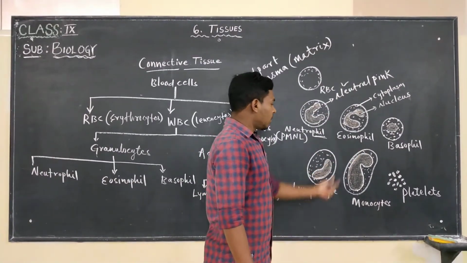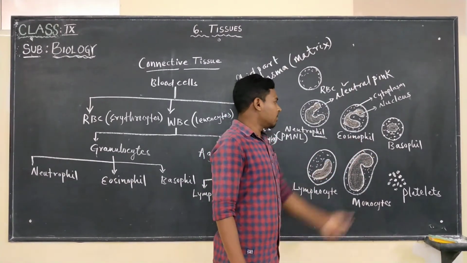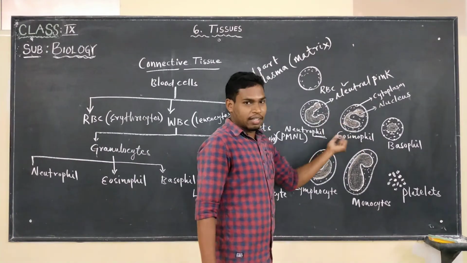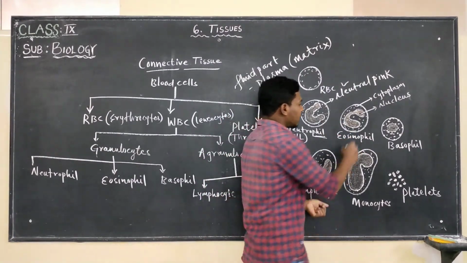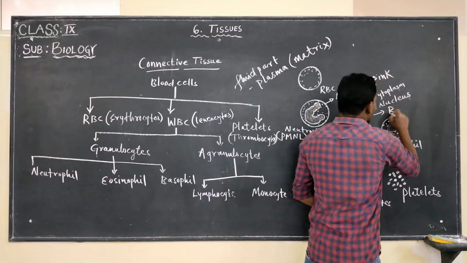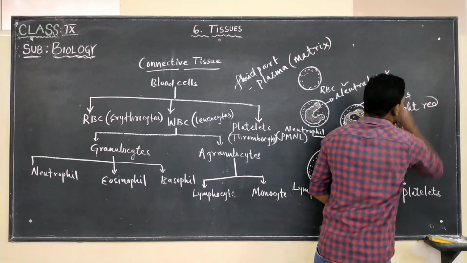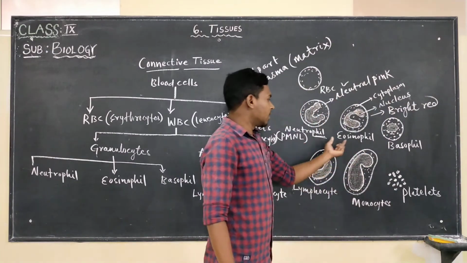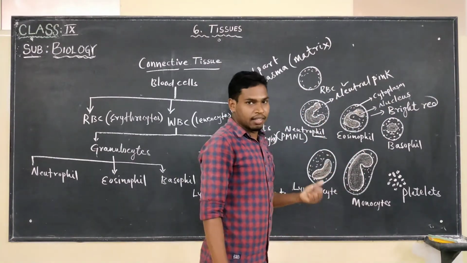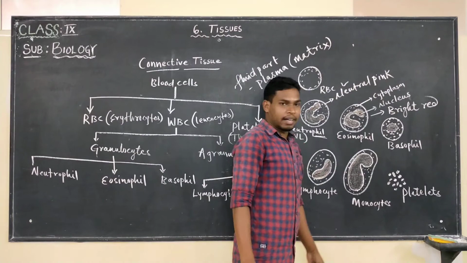The next one is eosinophil. When it is stained by acid, it shows bright red color.